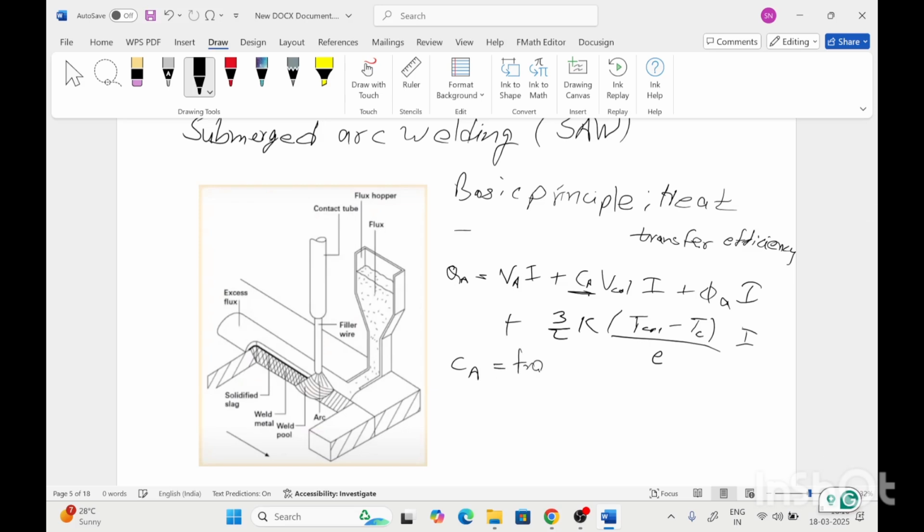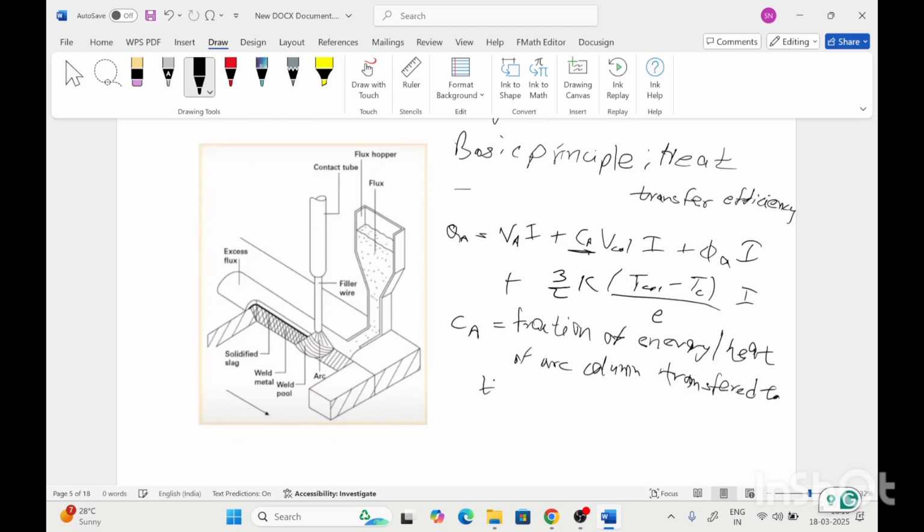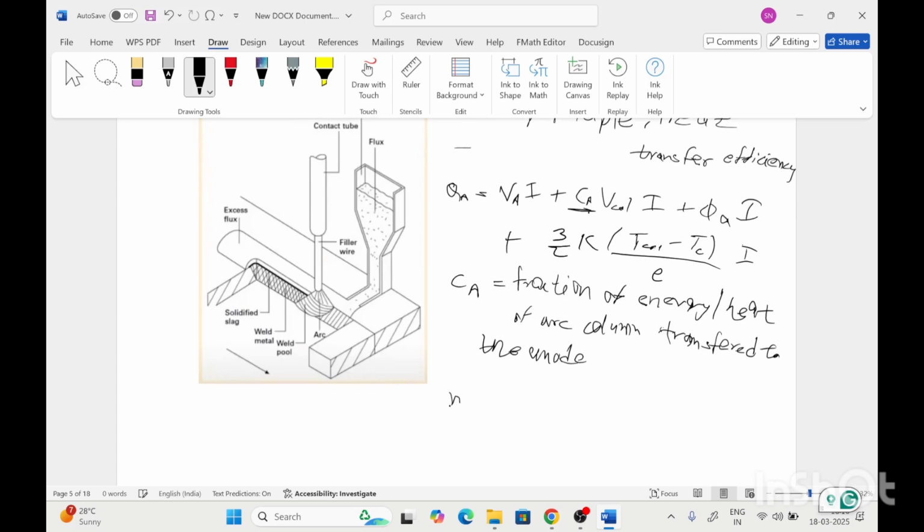Ca is the fraction of energy or heat of the arc column transferred to the anode, and the efficiency for consumable arc welding is written as QA plus QC divided by 2.